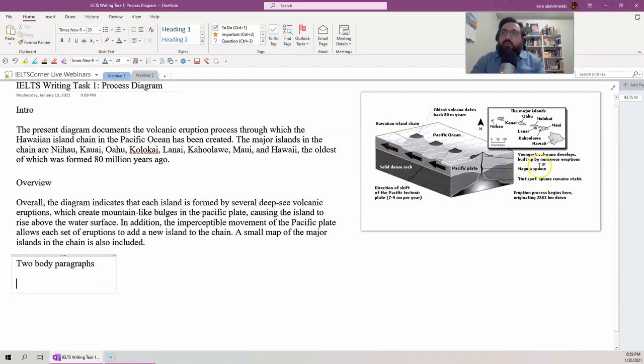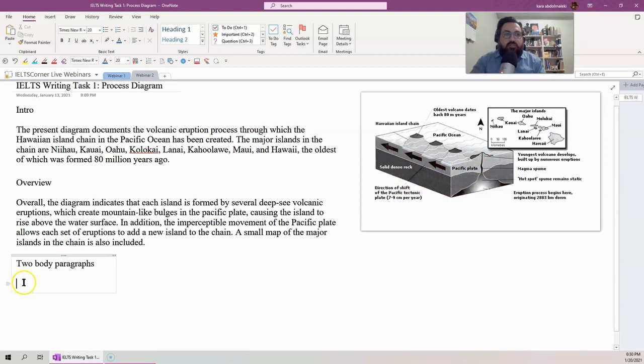One, in my opinion, would be a bigger paragraph, and it includes the process of creating one of these islands by the volcano. So how the volcano creates an island. So that's one paragraph, and then another paragraph is about the movement. Okay, so the movement is going to be a shorter paragraph, but this one is going to be a longer one.